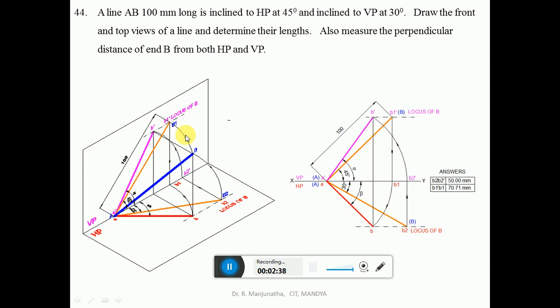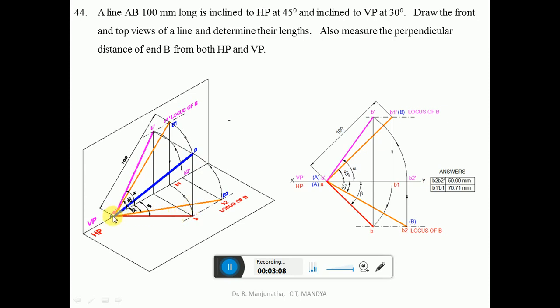Now, first we are going to start with the true length in VP. So this true length in VP has to be rotated such that the point B1 reaches the locus of B in the top view, that is on this line in space.